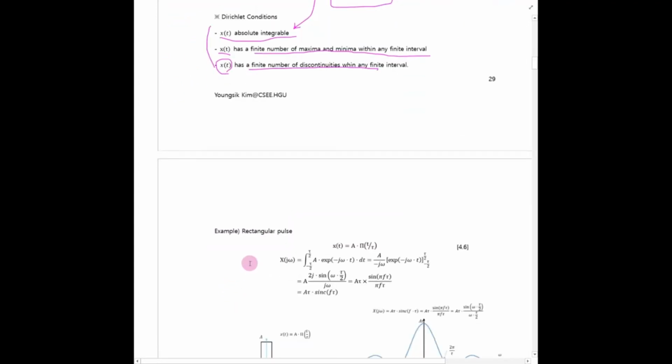We talked about this in the Fourier series, so I would like to skip it at this moment, but you need to refer to the Fourier series coefficients when we talk about the Dirichlet conditions. This one says the existence of Fourier transforms, but in most cases the signals we are handling satisfy these conditions.